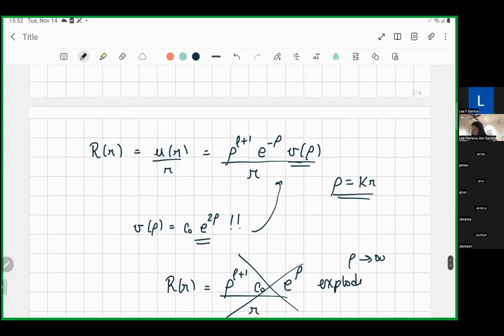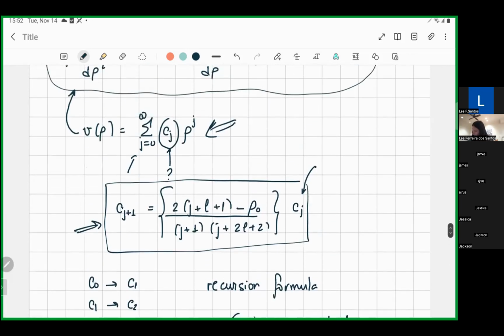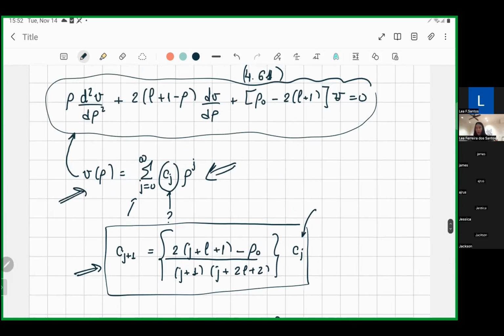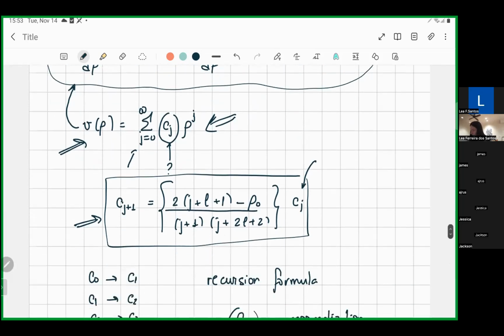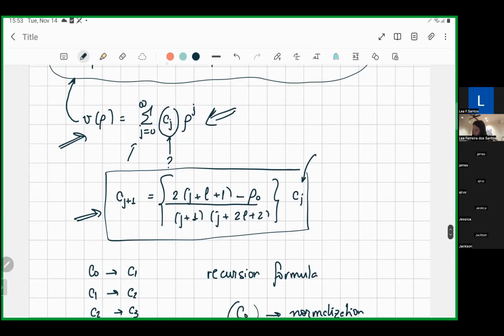So something is wrong with our way to start this infinite sum, this series. We said the only way for things to survive is if we truncate this sum. We cannot go all the way to infinity.